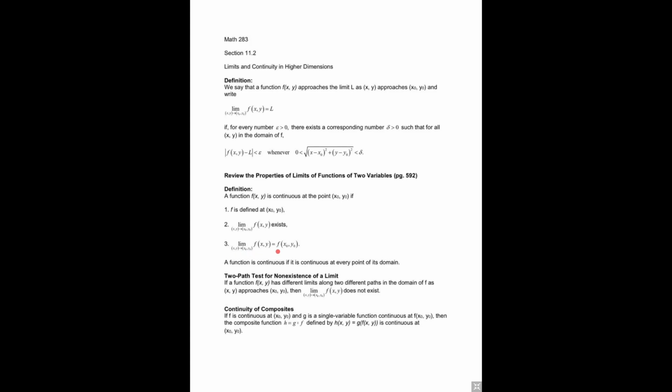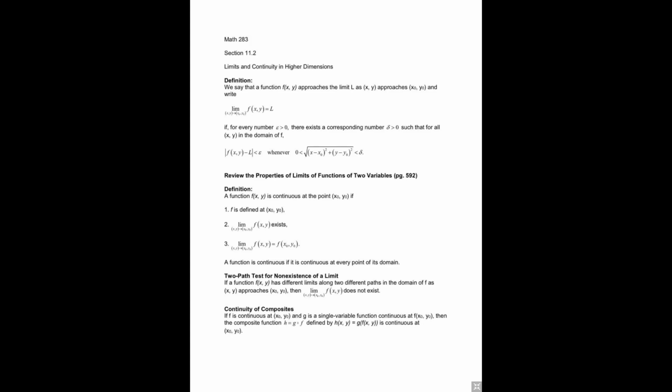So if you think about this, it was the same definition that we used in one dimension when we were checking for pointwise continuity. So basically, this is the definition of checking to see if a function is continuous at a point. Okay. So this is basically what that definition will look like when you start dealing with multiple variables.